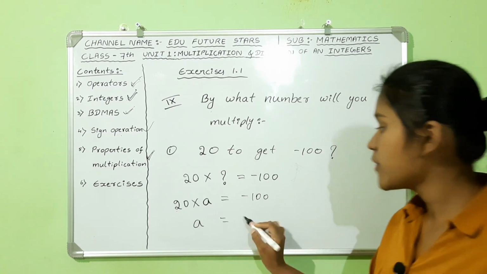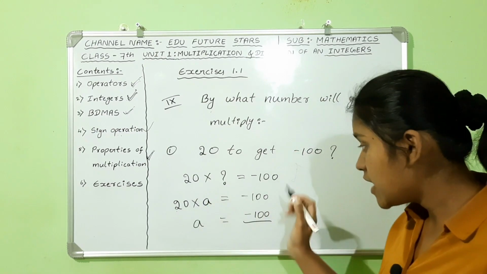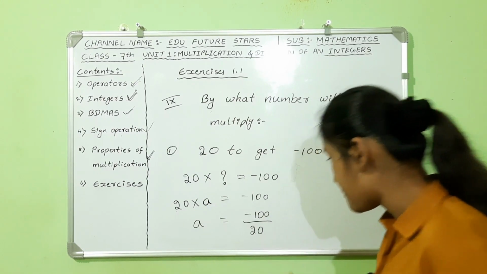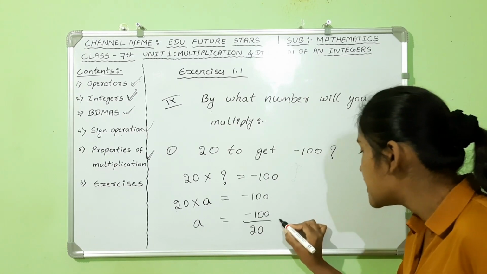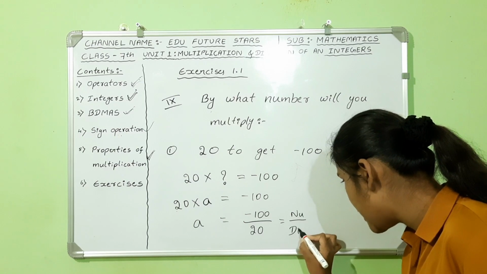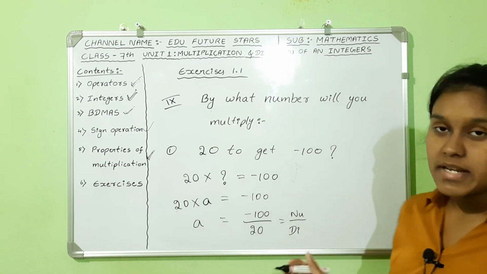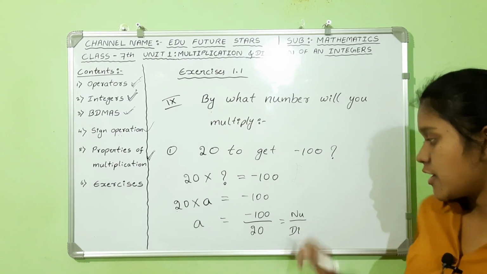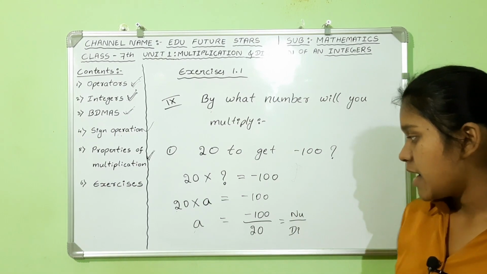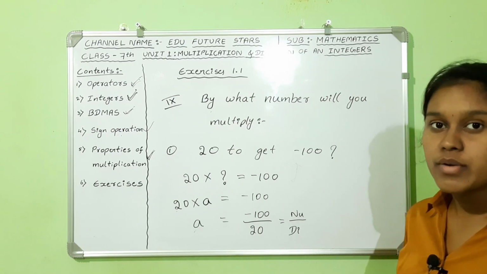So minus 100 we have, and 20 will go to the denominator. This is called the numerator and this is called the denominator, as we learned in the starting explanation on rational numbers. We want the a value, so we have to divide 100 by 20 to get the answer.